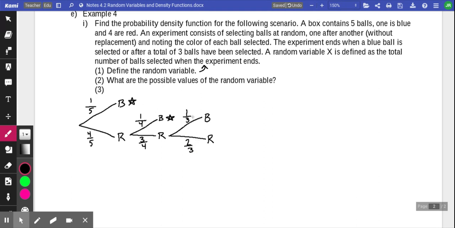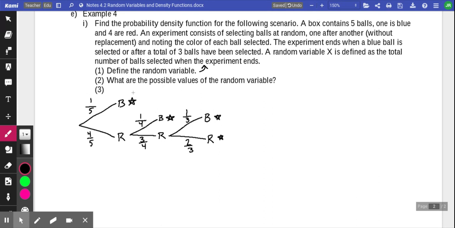Once again, blue being drawn is going to end the experiment. But again, red, red, red, this is 3 balls in total, so this is also going to end the experiment. So I know how my experiment's going to terminate, and I've started working with my probabilities. I just need to get my probabilities for all of these possible paths.